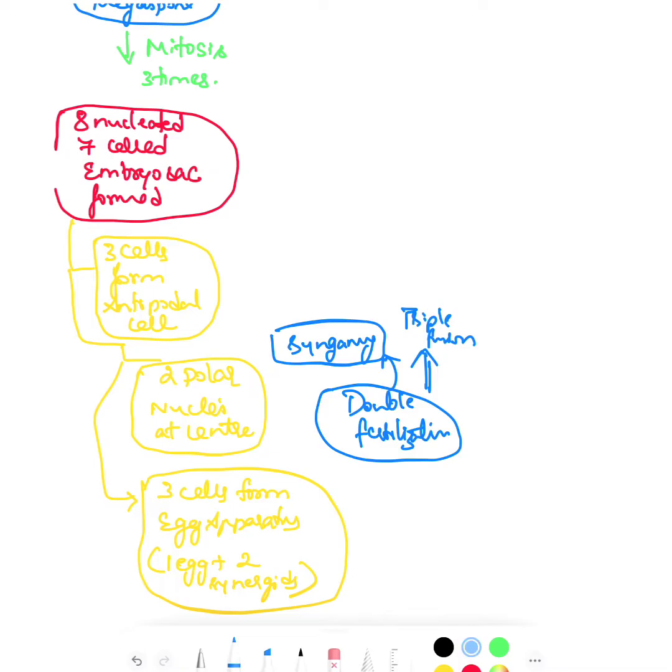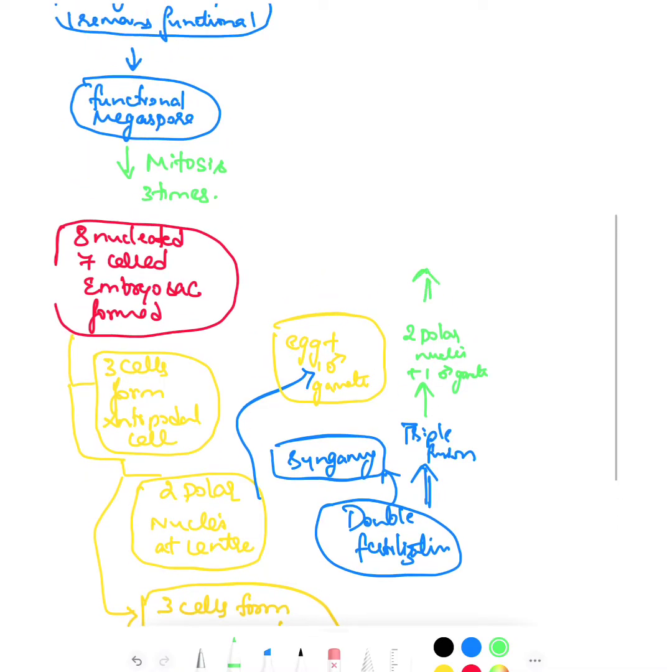So the egg plus one male gamete, and after the triple fusion, two polar nuclei plus one male gamete will form the primary endosperm nucleus. The egg plus one male gamete will form a zygote, that is 2n.